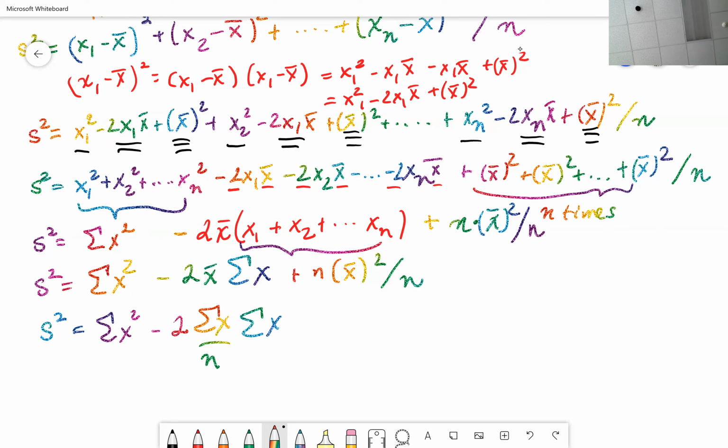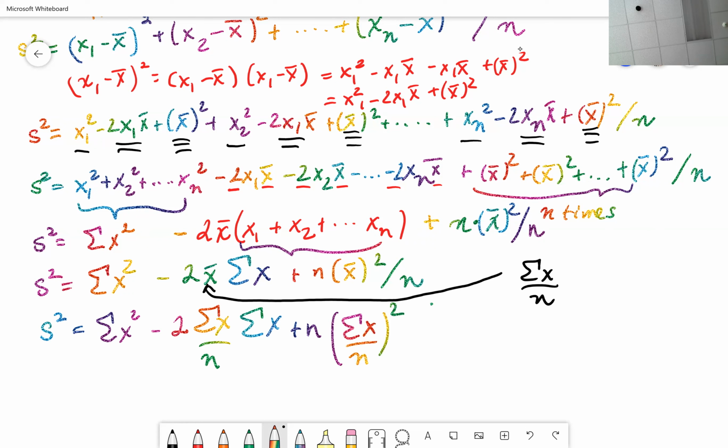This here really is the sum of x divided by n. And now that lets you say this here is the sum of x divided by n, squared. Okay? So, we start simplifying.